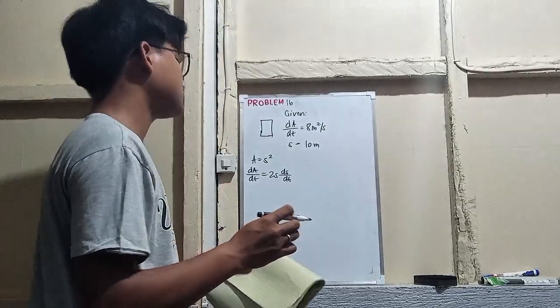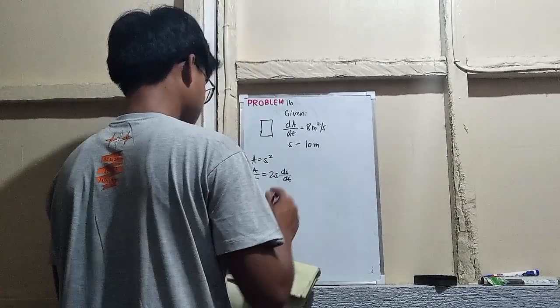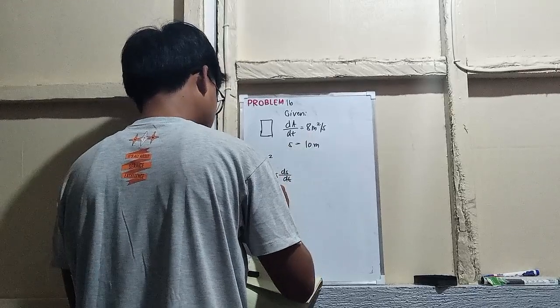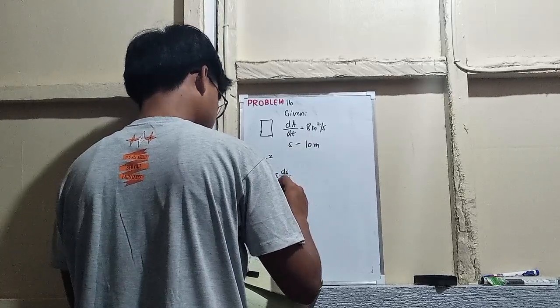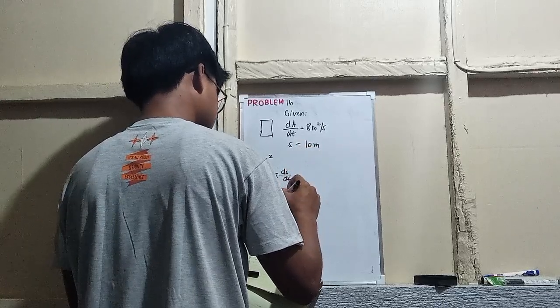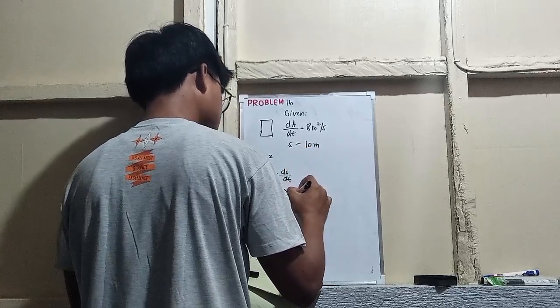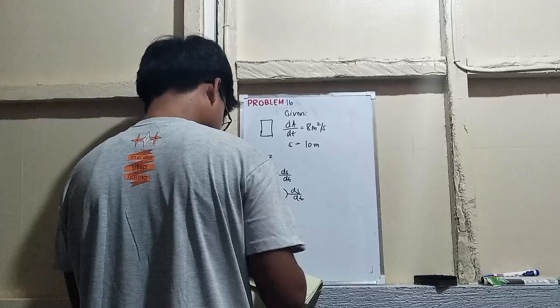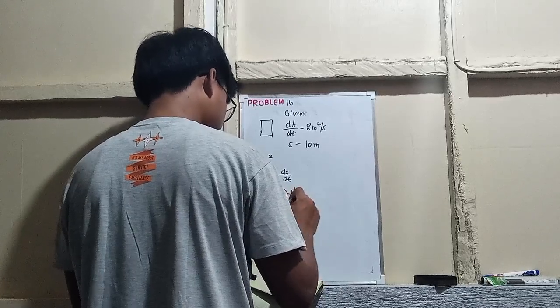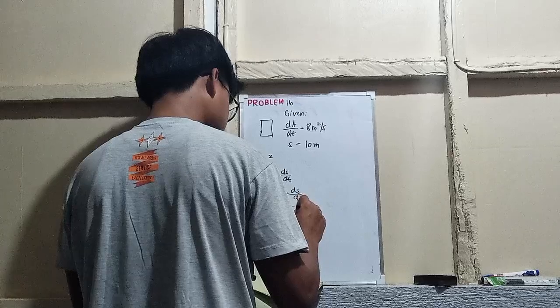So we will substitute the given into the formula. So dA over dt, we'll have the 8 and our 2. Then our s is equal to 10. Copy ds over dt and solve. 8 is equal to 20 ds over dt.